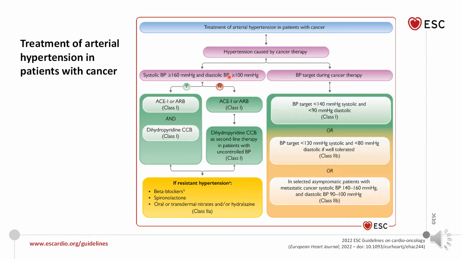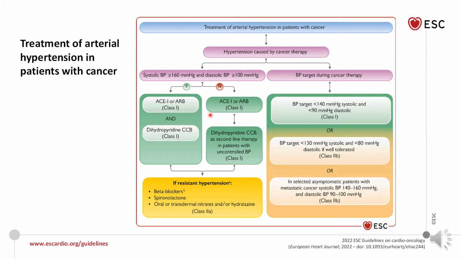What is the treatment option? If you have a patient with grade 2 hypertension with a blood pressure more than 160, this means this patient will be less likely to be controlled on a single agent. So we can start a combination from the start. The best combination is a dihydropyridine calcium channel blocker like amlodipine and an ACE inhibitor, which has a cardioprotective effect.